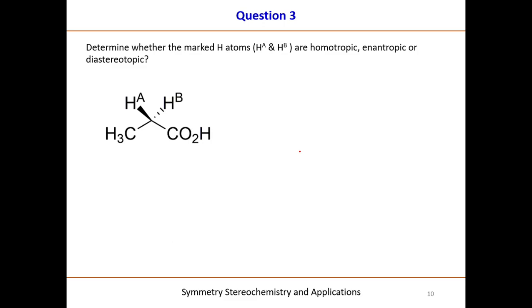Here HA and HB are there, but this is a tetrahedral molecule. As we have discussed for enantiotopic and diastereotopic, you have to change one hydrogen by a halogen atom or any other group.